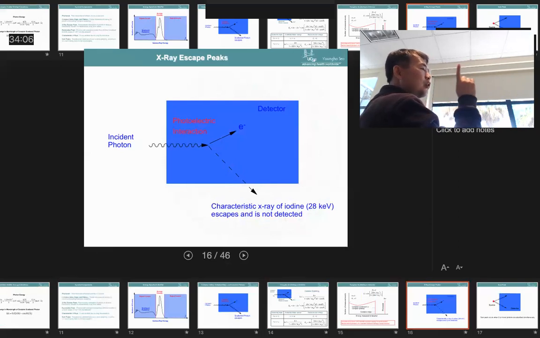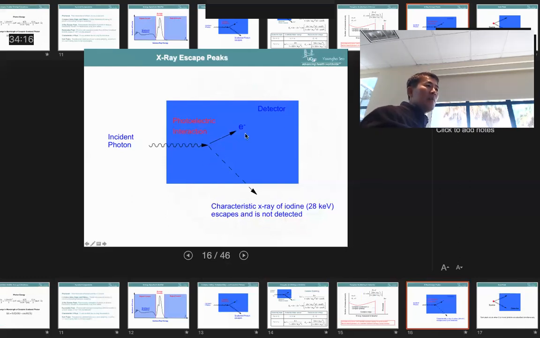If this 28 keV escapes the scintillator, then you are losing that much energy. So whatever signal from this process is measured by the detector is losing that much. So there should be some measurement around that energy, not at the photo peak energy. The photo peak energy is really single, the original energy of the gamma ray. But now we have another peak, with a very distinct separation from the photo peak. That's actually the X-ray escape peak.